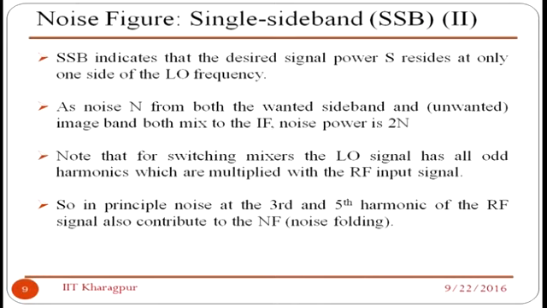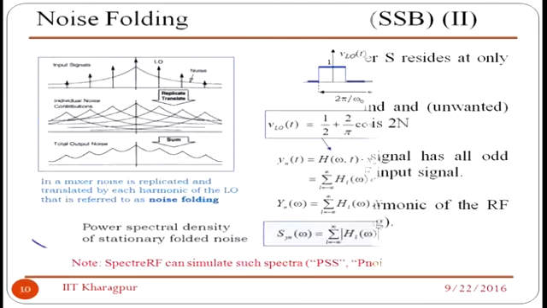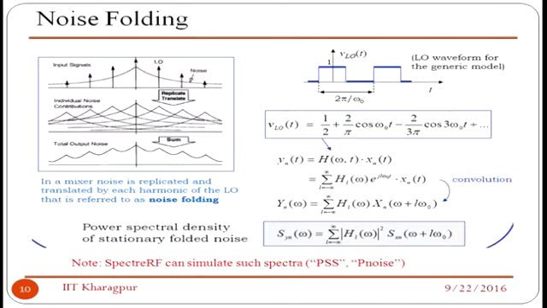Another very important physical concept you should take into account is what is called noise folding. So I am giving a cartoon. First of all, if you look here, this is my local oscillator with its harmonics and its input signal. Then when you have the frequency translation, each of these noise components, so this is my fundamental, will go into that. Then the LO has the second harmonic, third harmonic, fourth, fifth harmonic, like that.